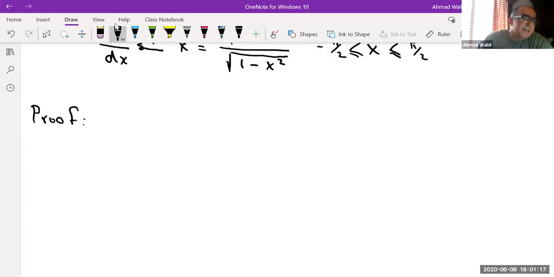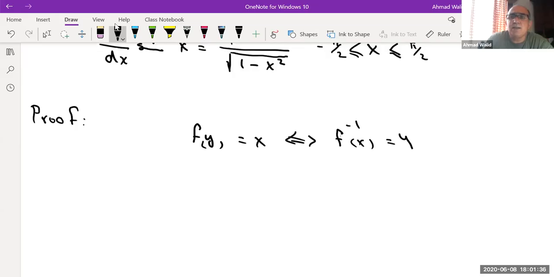Based on the definition of inverse functions that we learned in 6.1, if I have f of y equal x, then immediately I can write f inverse of x equals what? The domain becomes range, the range becomes the domain. That's the mathematical notation.